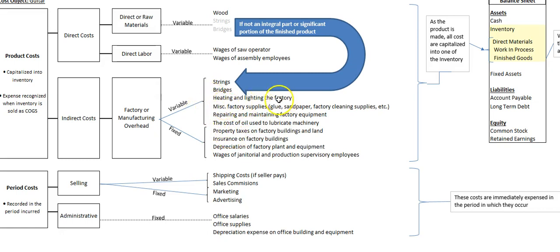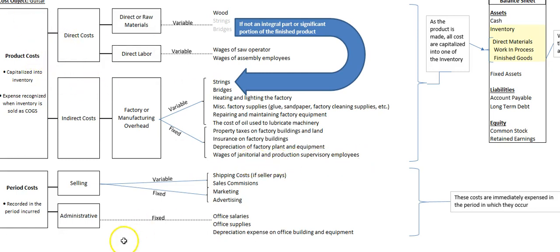We have heating and lighting the factory. All these things are going to go up the more we produce, right? And the more we sell. Some things that are fixed, that don't go up regardless of how much activity we have, are things like property taxes, insurance, depreciation on equipment, and what we call indirect labor, factory production supervisor, and so forth.